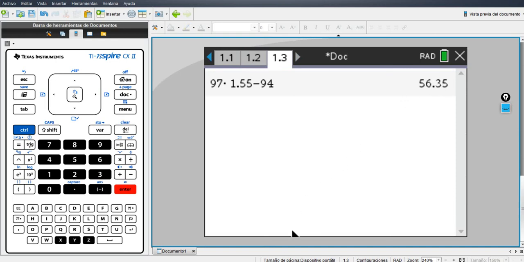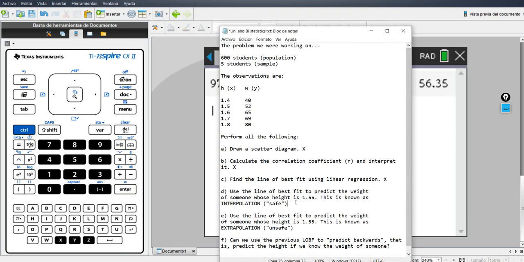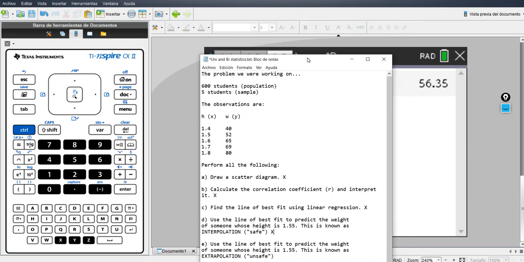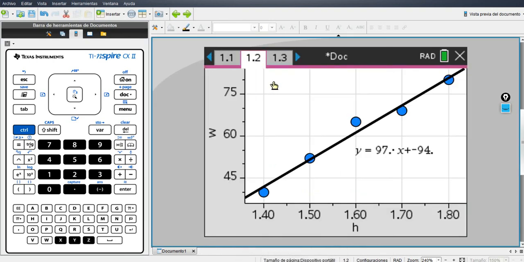So that takes care of this one. And why is this known as interpolation? Because what we are doing is predicting a weight for a value of the height which is within the range that we were working on. We were working within the range from 1.4, our least value for the height, to 1.8, our greatest value, and we are working with a value inside this domain, 1.55.